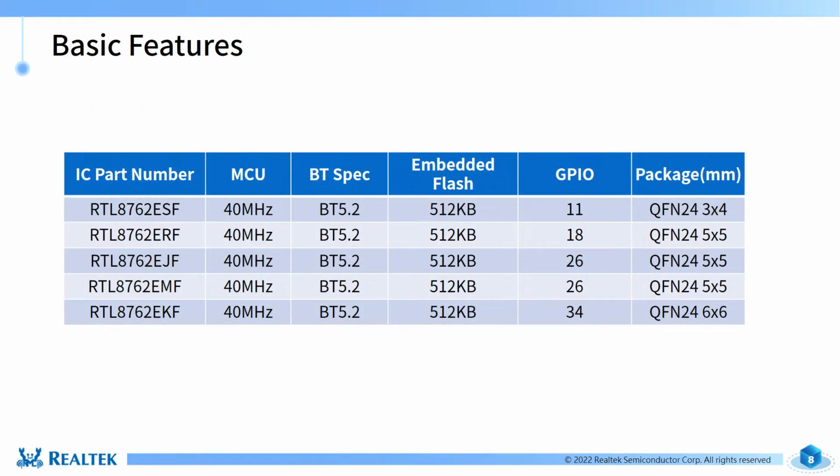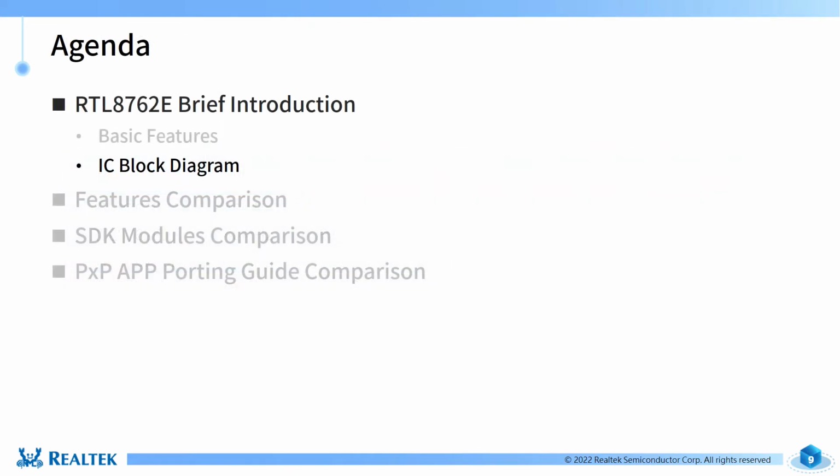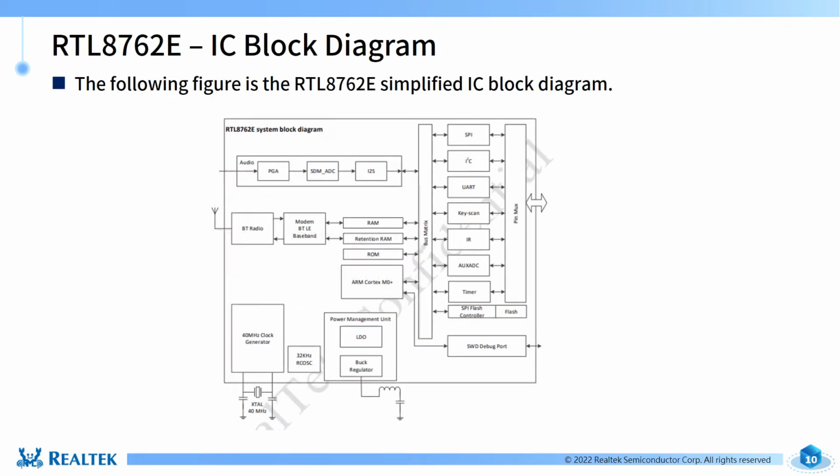The RTL8762E series has these types of packages, which you refer to when designing and selecting. The architecture of the RTL8762E is shown in the figure. The interfaces mainly include RF, power clock, GPIO, and peripheral interfaces.